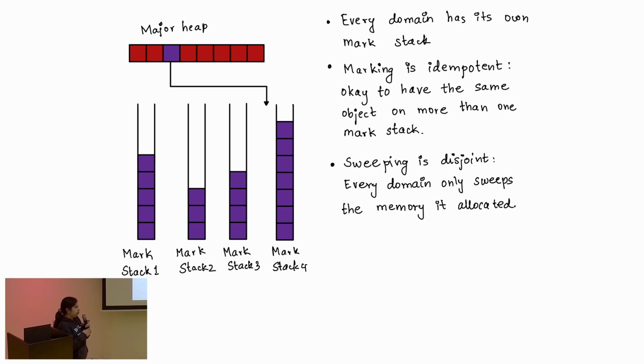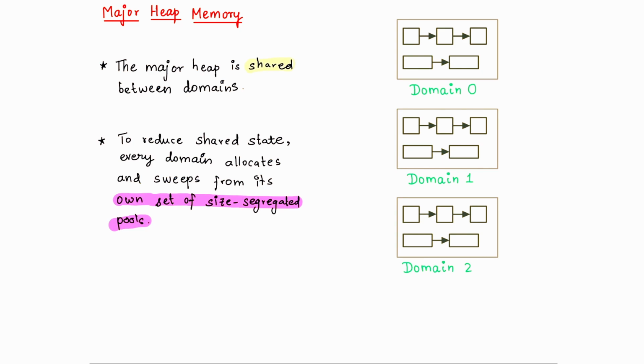Sweeping is disjoint, meaning a domain sweeps only the area that it controls. It doesn't touch areas that are controlled by other domains, so we don't need a lot of synchronization here. This is an oversimplified visualization, but it gives a hint of how that happens.